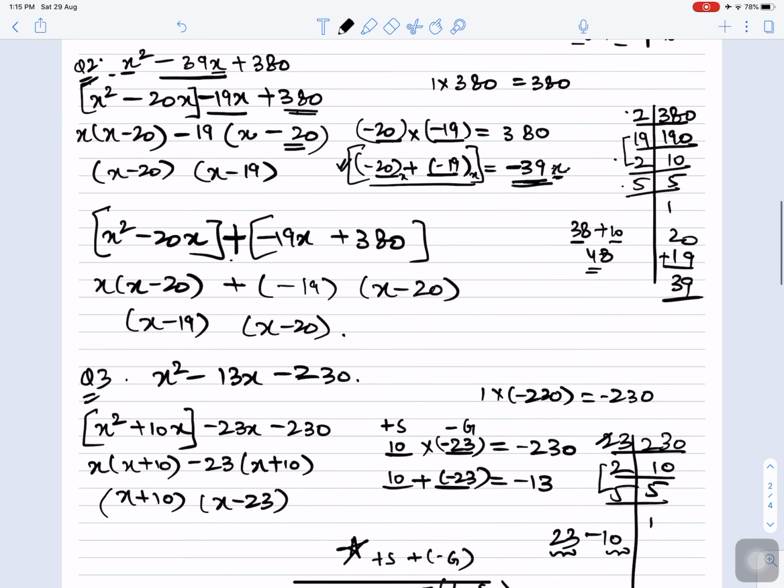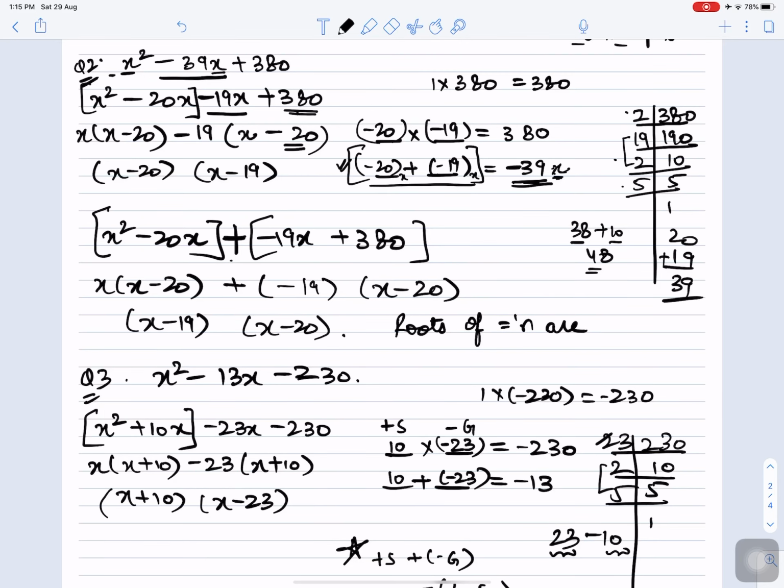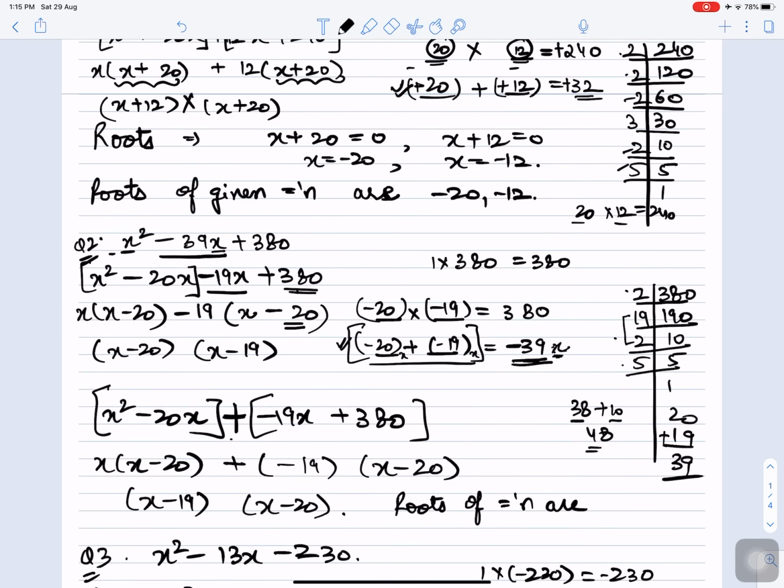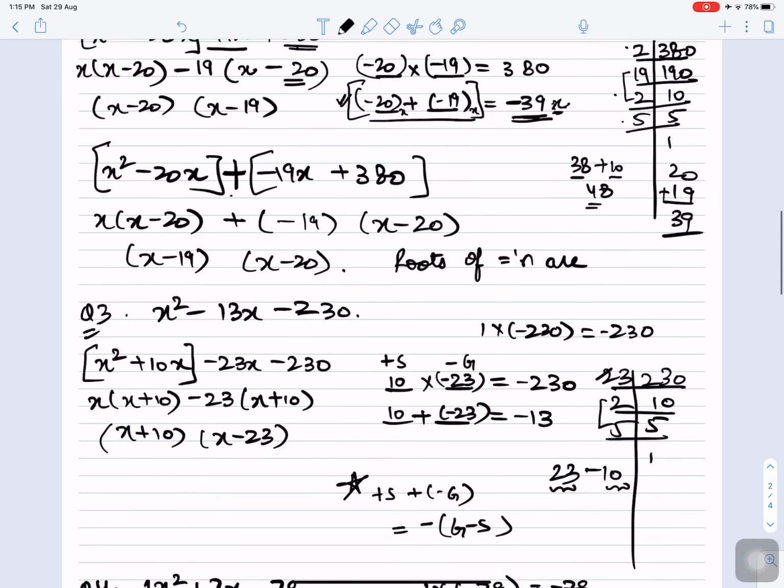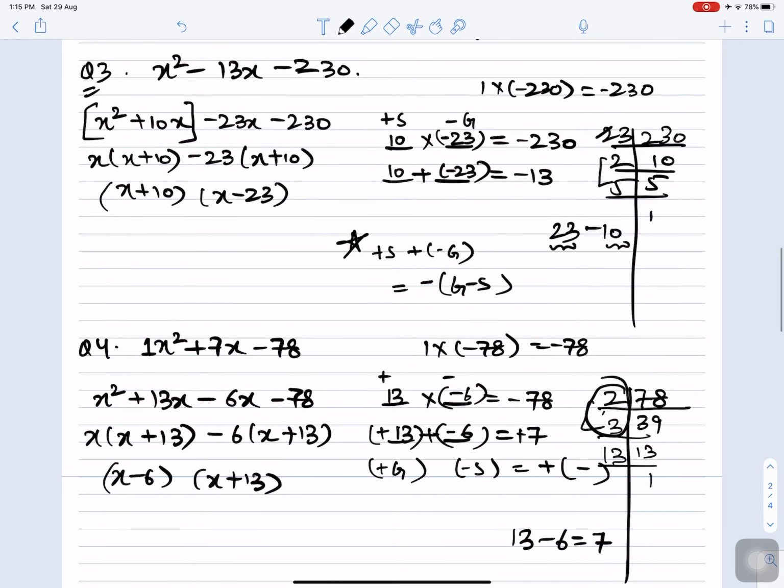Correct? And in this case, what will you say? Roots of equation are. It's not necessary that you have to show this. What I want to explain is how you will find the roots. You have to equate the two expressions to 0. Here, if I equate the two expressions, my answer comes out to be 19 and 20. In this case, if I equate this equal to 0, my answer is minus 10.